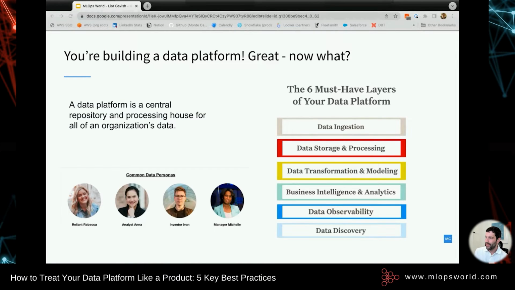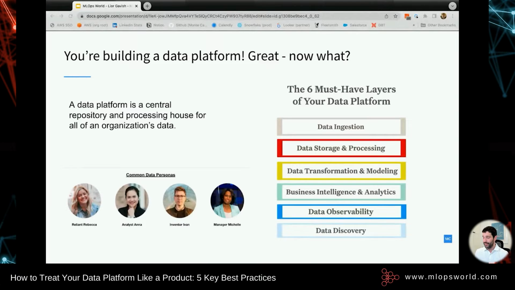On the slide here, you'll see one way of breaking down a data platform, and you'll see other ways, but most data platforms will have one or more ways to ingest data. So basically, bring data from operational systems, from various SaaS services that you're using, or from third parties, into the platform, the data warehouse or the data lake. In addition, you will have a storage and processing mechanism, which is typically a data warehouse or a data lake.